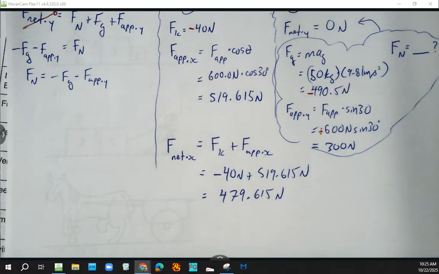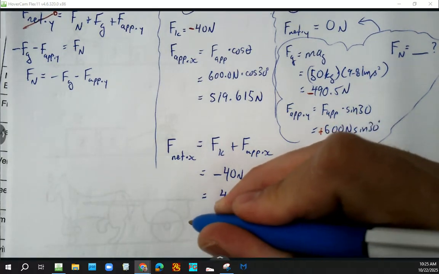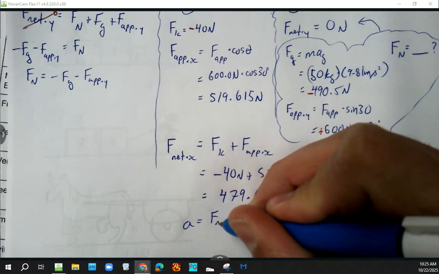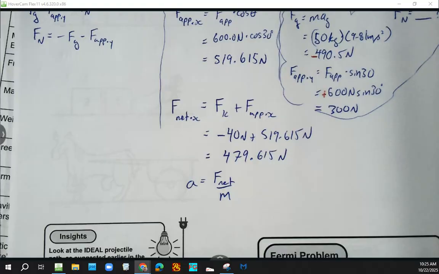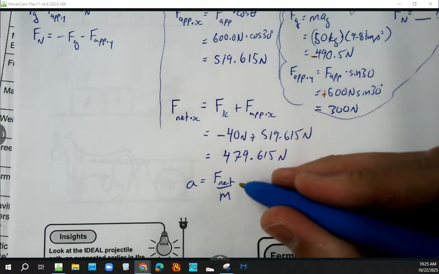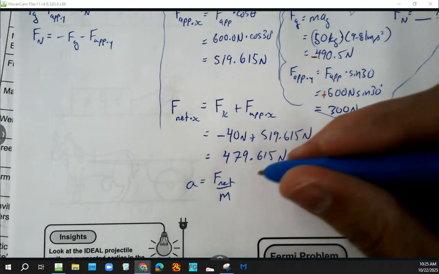Well, it introduces error. And so if I want to find the acceleration, it's F net divided by mass. Remember that net is important. All the net force is coming from the x this time.